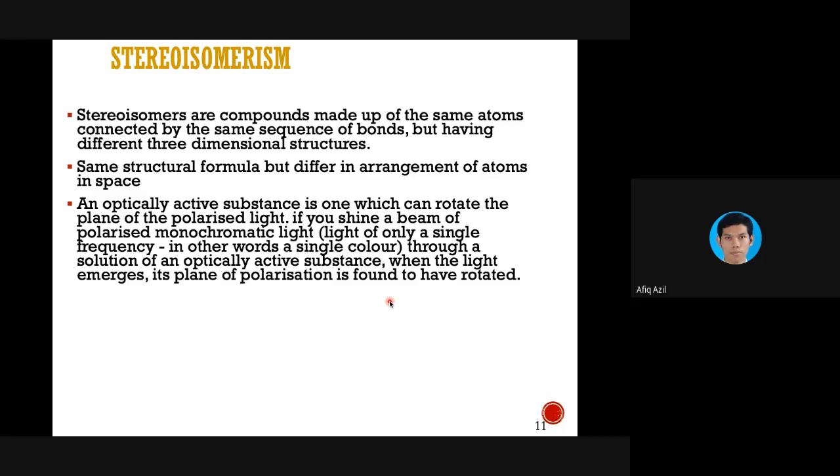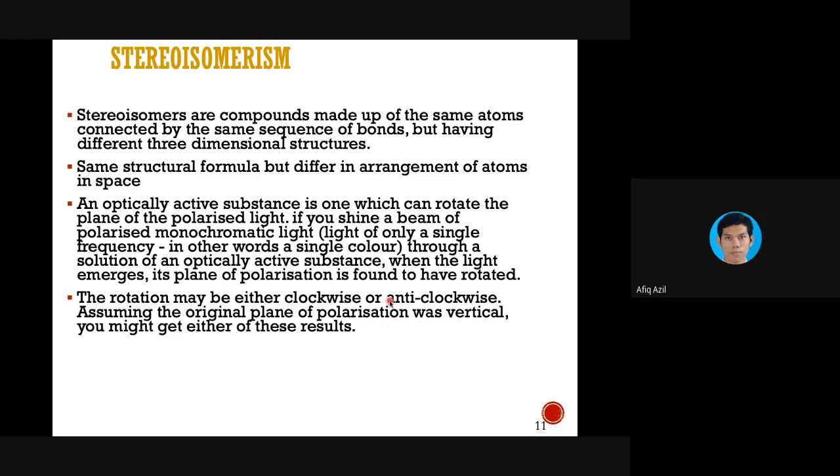Then we will go into the stereoisomers. This will involve the chirality from just now. Whether a compound is chiral or not chiral will be determined under stereoisomerism. So stereoisomers are compounds that are made up of the same atoms, connected by the same sequence of bonds, but having different 3D structures.